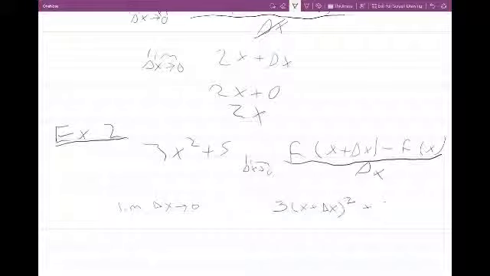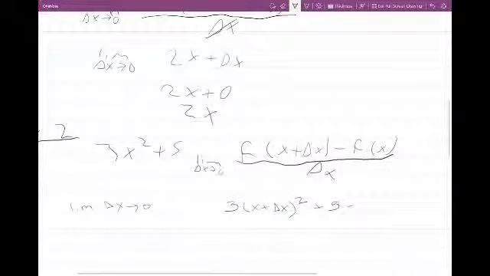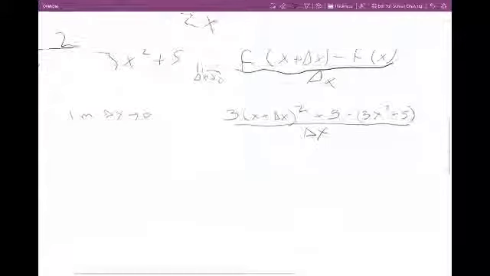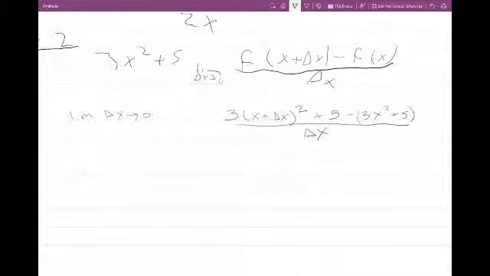And now you're going to subtract the original equation, 3x squared plus 5 again, using parentheses, all over delta x. And again, the limit as delta x approaches 0.